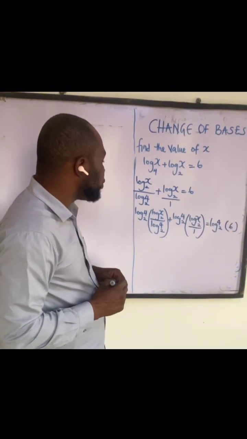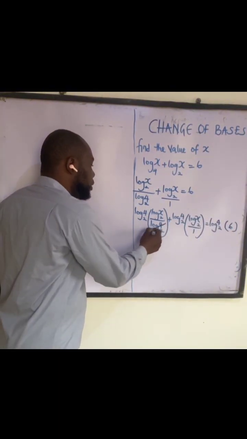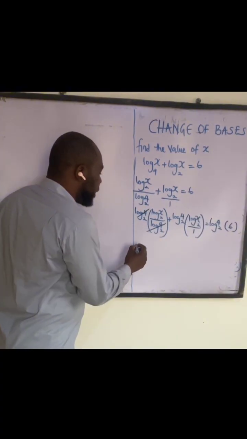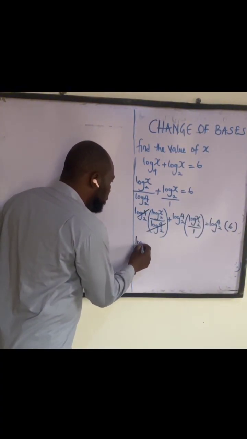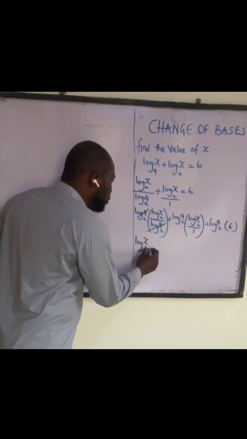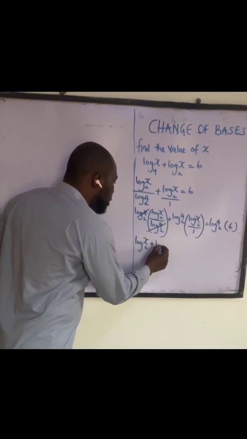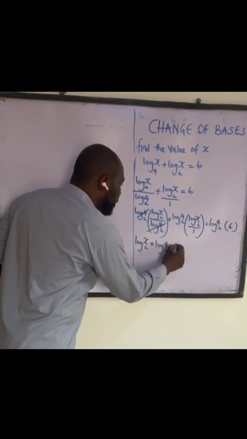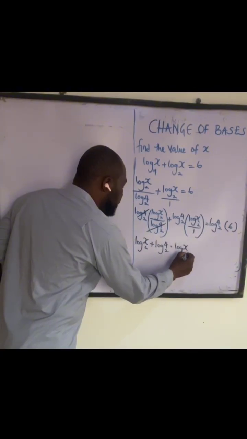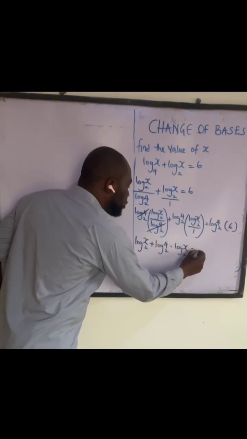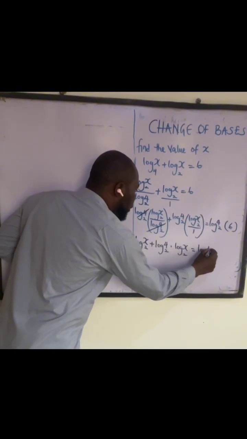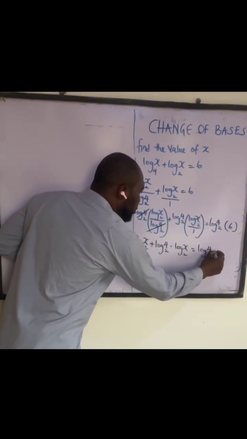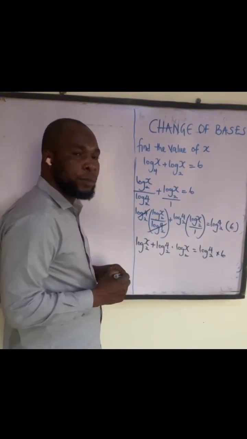Okay, so the next thing to do is to cancel out. So this will cancel this. Then we are left with log of x in base 2 plus log of 4 in base 2 multiplied by log of x in base 2 equals log of 4 in base 2 multiplied by 6.